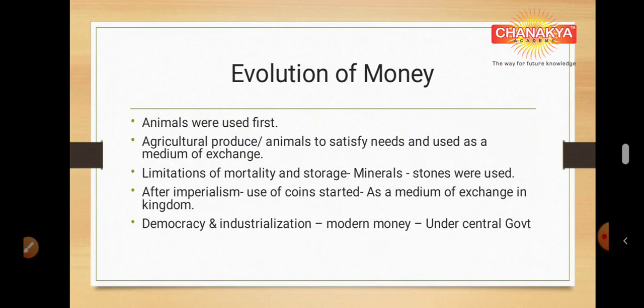Now this democracy and industrialization gave the concept of the money that we are using today, that is modern money. With the support of the central government, money became widely accepted as a medium of exchange of goods and services. Money also succeeded in overcoming the limitation of storage of value.